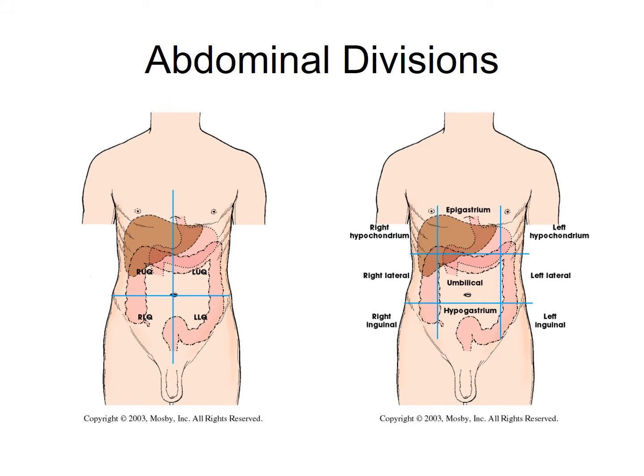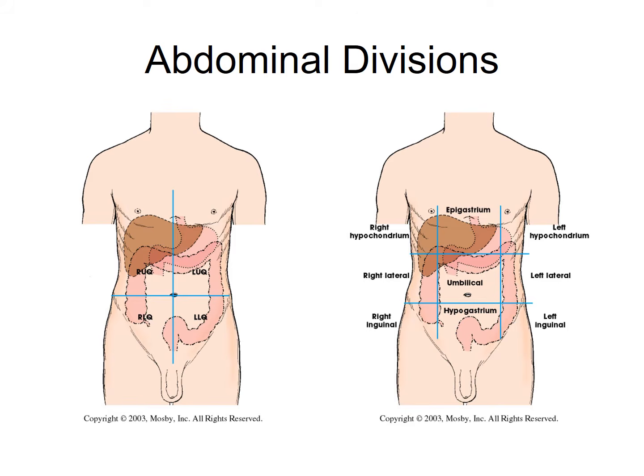You may see when you're looking at a chart, surgeons, nurses, sometimes they identify pain using the 9-region system. But as far as radiography is concerned, we use the quadrant system.